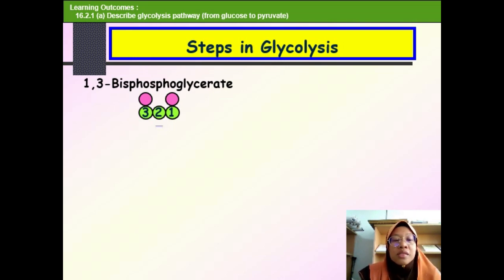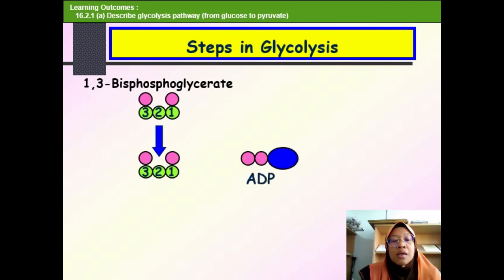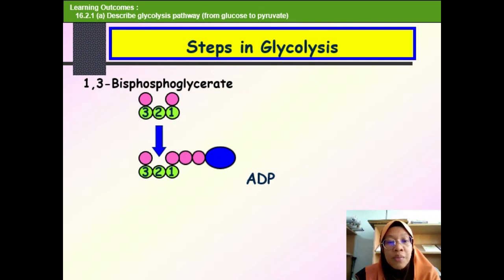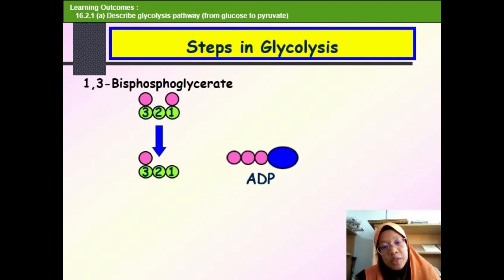So, what will happen next is phosphate group daripada karbon pertama, okay, dibuang dan dibagi pada ADP. So, ADP dapat phosphate group jadi ATP. Okay. So, ini proses penghasilan ATP.